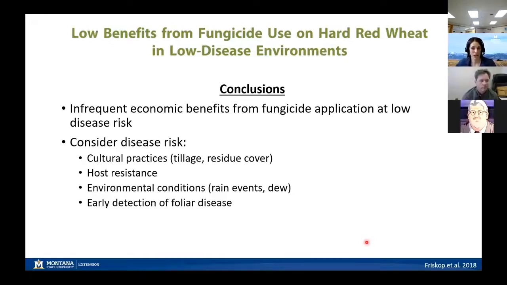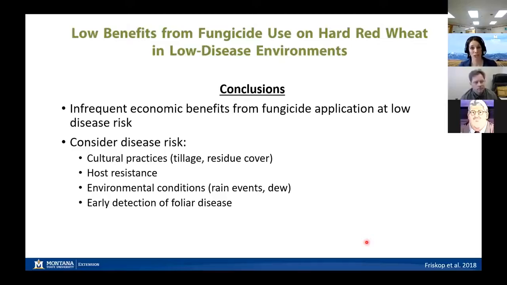So this goes back to the disease triangle and also to those things that I mentioned when it comes to management of the disease. So if you see early symptoms of foliar disease and you're wondering, is this going to be a problem at flag and will I need to prepare to spray? Consider what variety you have planted and whether you know if it is resistant or at least tolerant to the specific foliar disease or pathogen you're dealing with.